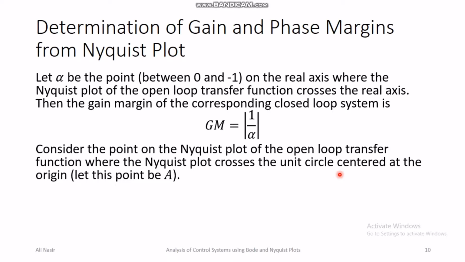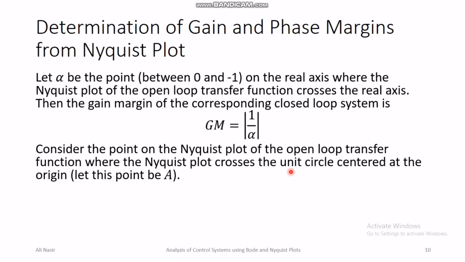At the point where the Nyquist plot intersects the unit circle, you draw a vector from the origin, the 0 point, to the point where the Nyquist plot is intersecting the unit circle.